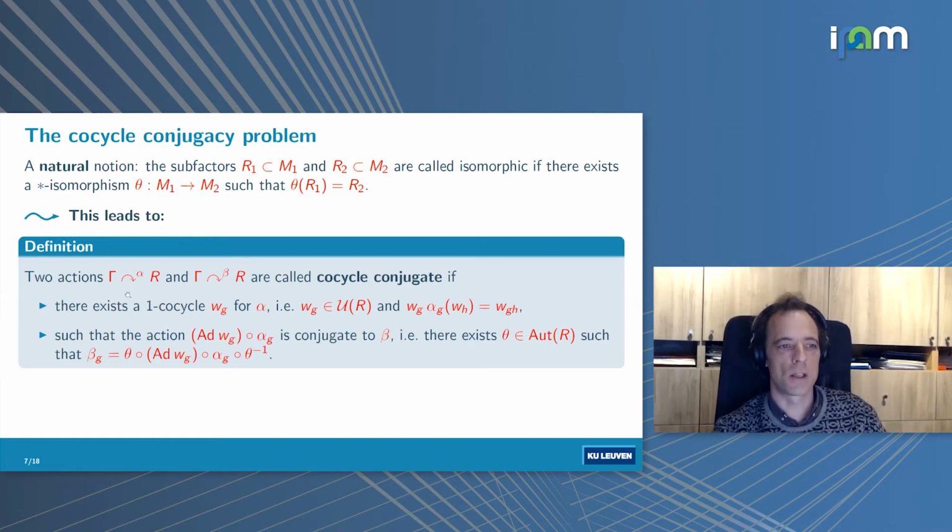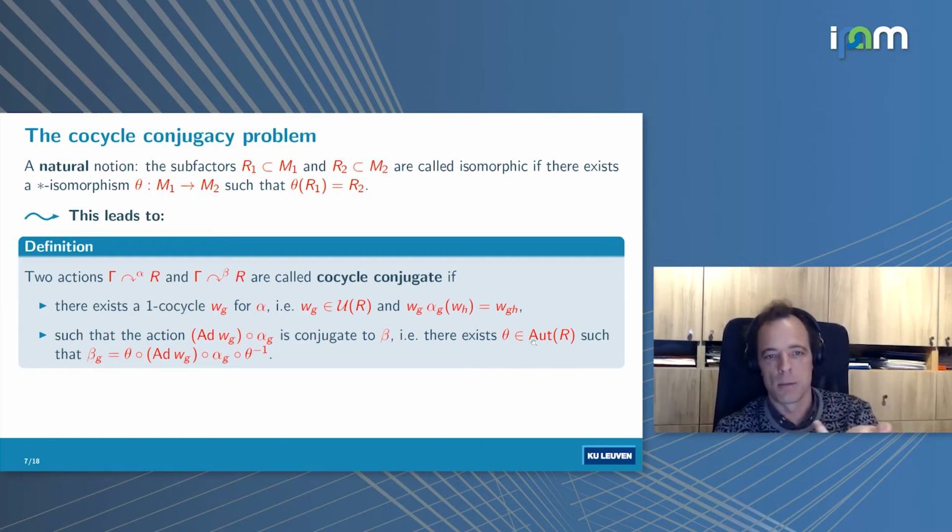The actions are called cocycle conjugate if, first of all, there is a one-cocycle for the action alpha. So these are unitaries WG satisfying this one-cocycle property. The fact that the WG satisfy the one-cocycle property guarantees that this perturbed action is again an action of gamma on R. And if that perturbed action is conjugate, really by an automorphism, to beta, you will say that alpha and beta are cocycle conjugate.